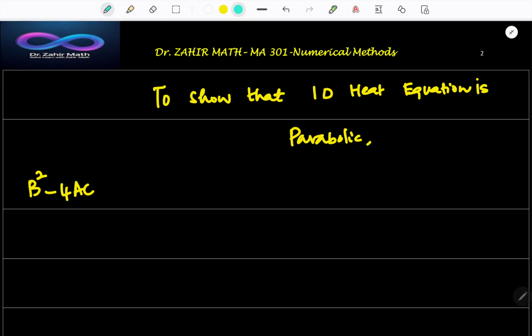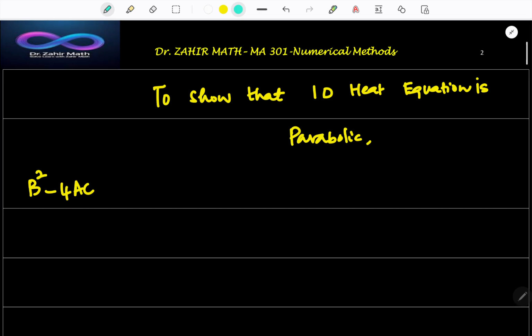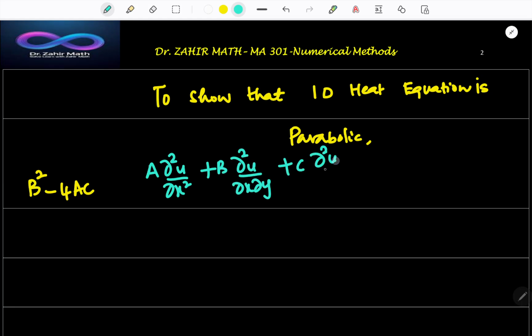For this you need to consider the general form of second order partial differential equations, which is A into dou square u by dou x square plus B into dou square u by dou x dou y plus C into dou square u by dou y square, and then lower order terms go on, which is equal to 0. We want A, B, C only.